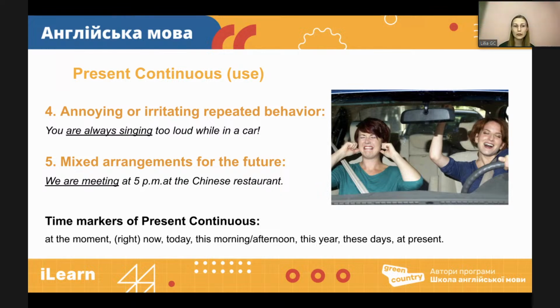And meanwhile, you can have a look at some time markers of present continuous. So it can be something obvious, like at the moment, now, today, but also it can be some very big period of time. For example, this year, or even this decade, or even this century, if we speak about really huge processes.